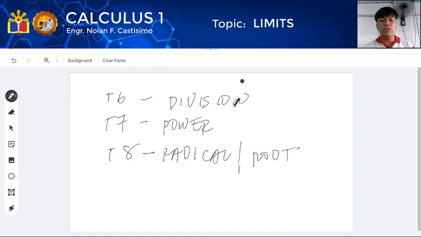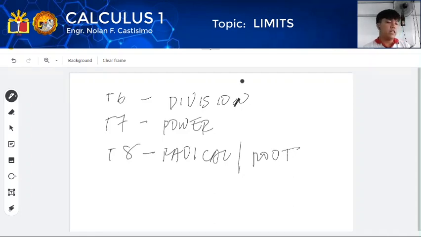Activities na later on, ipopost ko sa platform natin, online platform natin. And of course, ipopost ko din doon yung announcement about our assignment and our activities.